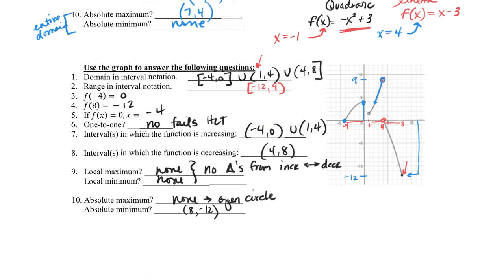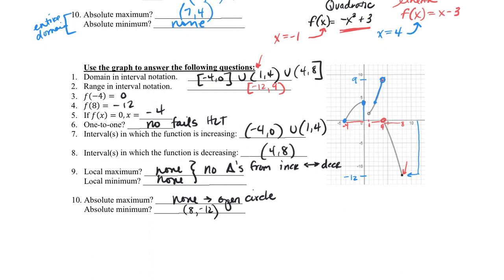But because this is an open circle, I'll use a parenthesis on 9. So I have y values on this graph from -12 to 9. Even though you have to jump from one piece of the graph to the other, there are y values for all those values between -12 and 9.